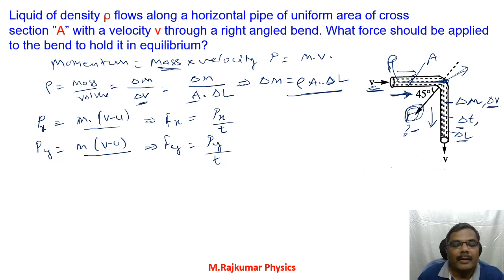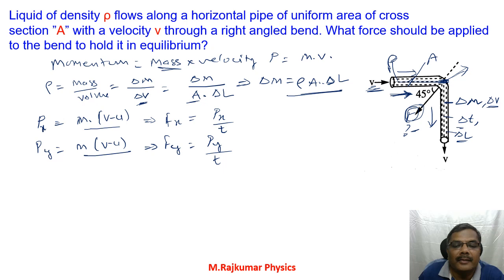So I want to find out the resultant momentum here. Because it is changing from x to y, the resultant momentum will use the same formula as for resultant vectors, but both are vectors only.